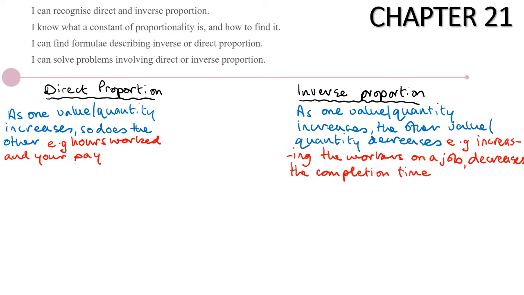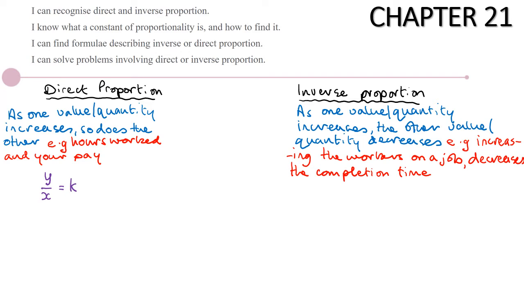What other features do we have for direct and inverse proportion? Well, for direct proportion, if I call one of the quantities x and one of the quantities y, when I do y divided by x, I always get the same value.